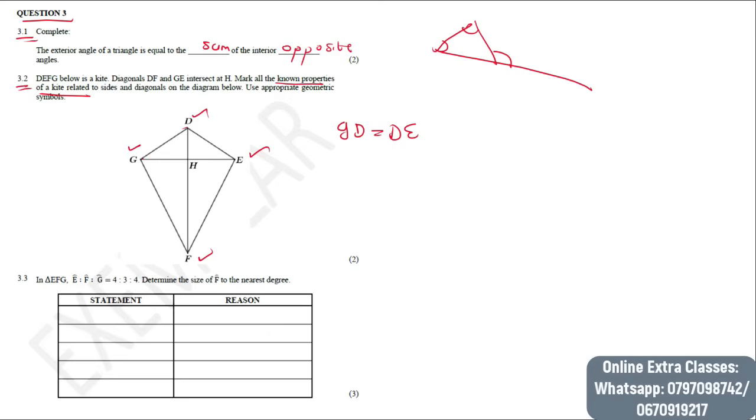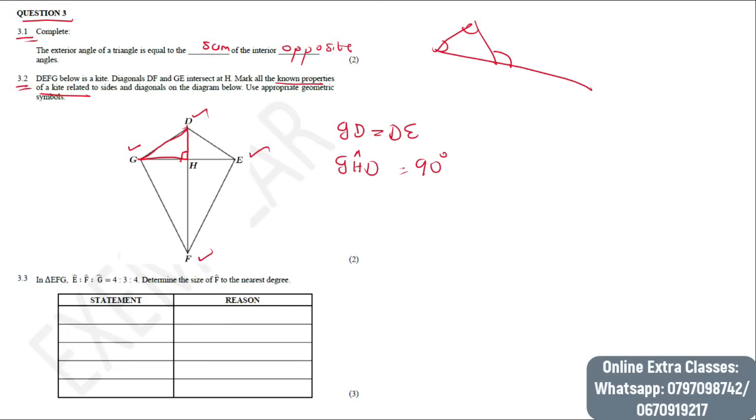And then we can also see that on triangle GHD, angle H is equal to 90 degrees. We can prove that because we have perpendicular lines, because we can see that GE is perpendicular to DH.